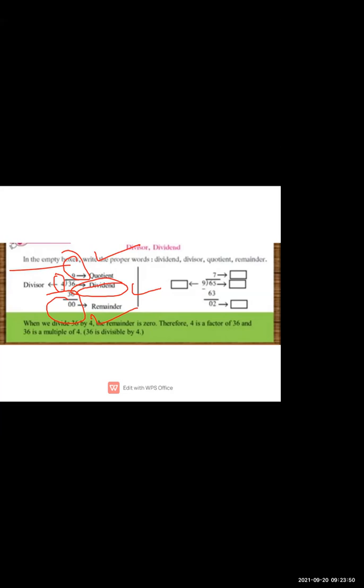And the quotient is the answer that we write on the upside, 2 2s are 4, 5s are, 9s are, that we are writing here, that is known as a quotient. Now it is clear to all of you.